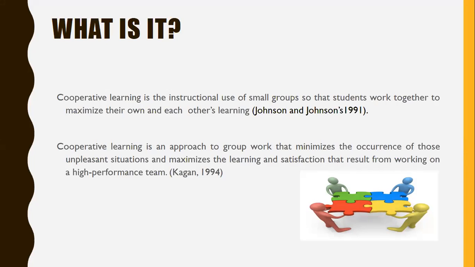Here you have highlighted two of the most important authors that talk about cooperative learning. It is not just getting your students to work together or to work in groups. It is something else. That is what we are going to see today. Do you want to say something about the definitions?